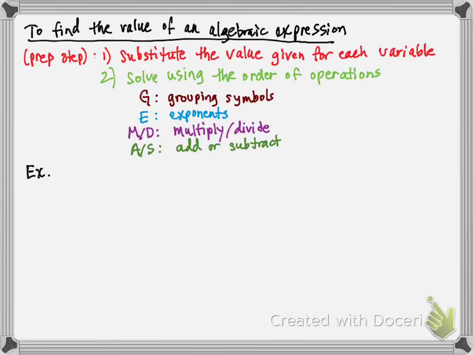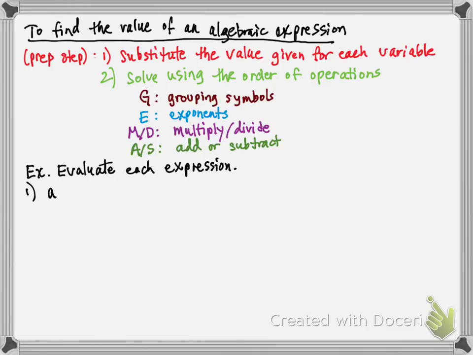So, directions are going to ask us to evaluate each expression. So evaluate means to find the answer, find the value. Now notice it doesn't say what kind of expression, so let's see what we end up with. Maybe we have just a numeric one, or maybe we have an algebraic one.